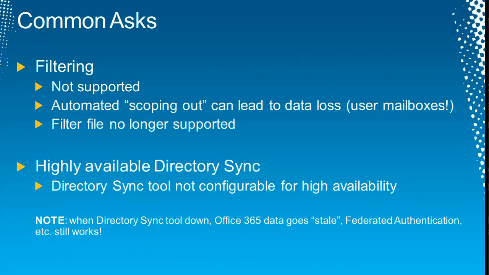So in the case where I might say I only want to synchronize one OU, which is fine in and of itself. But if there's a disconnect between the folks managing directory sync and the folks onboarding and offboarding users, you could very easily get a user moved out of that OU, in which case it looks like they were deleted, and we're just going to happily process that and delete their mailbox in the cloud. So we're trying to prevent badness by not supporting filtering right now.